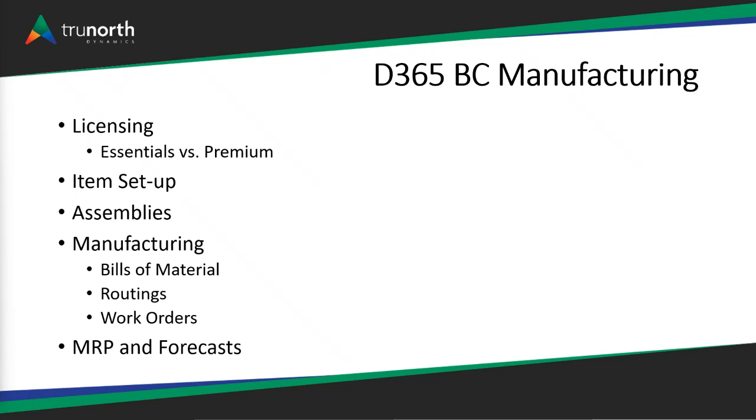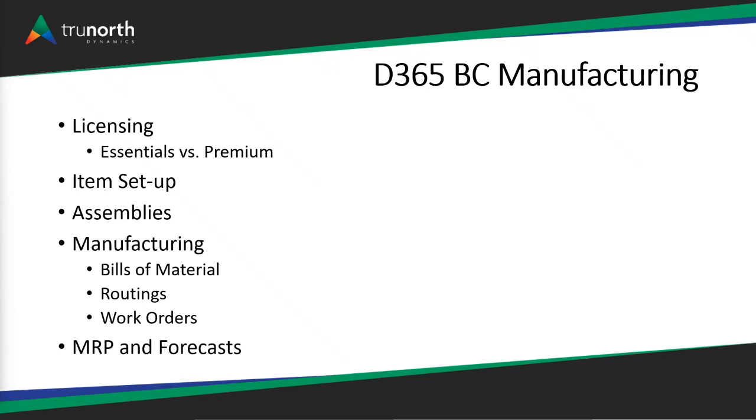In order to use the manufacturing modules, you need to go through some additional setups at the item level, and we'll walk through what those involve. I do want to talk briefly about assemblies, which is the low effort, low level version of manufacturing that is available as part of the Essentials license.